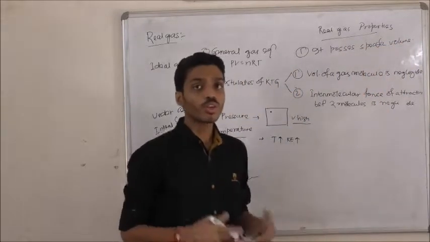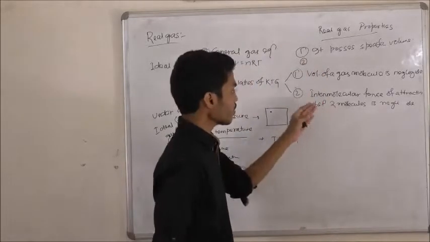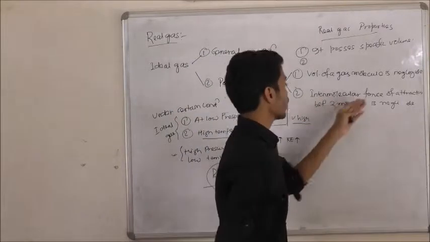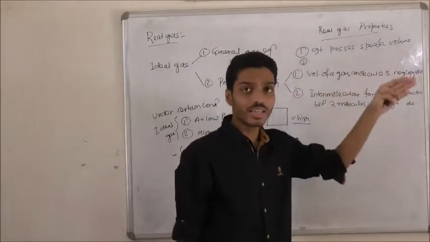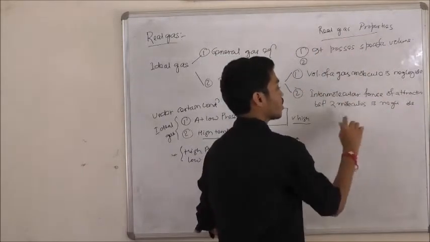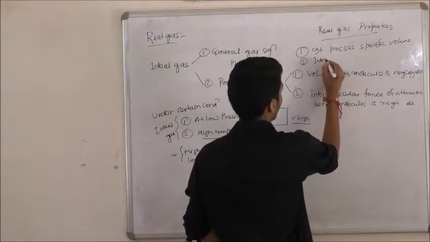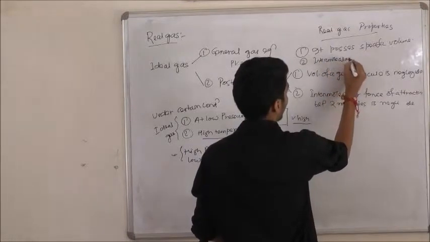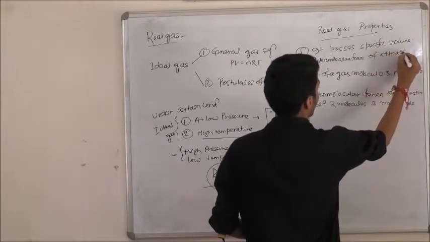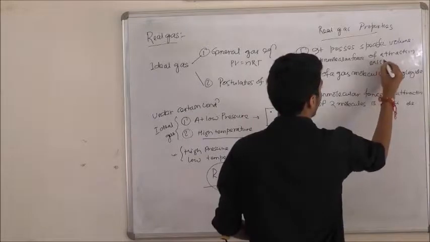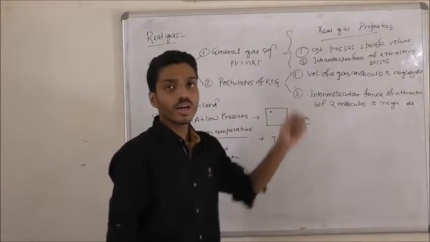Means the real gas molecules possess some specific volume. And what about the second? In ideal gas, we said the intermolecular force of attraction between two molecules is negligible. So obviously, in case of real gas, the intermolecular force of attraction should not be neglected. I mean, the intermolecular force of attraction exists. Okay, so these are the two conditions for real gas.